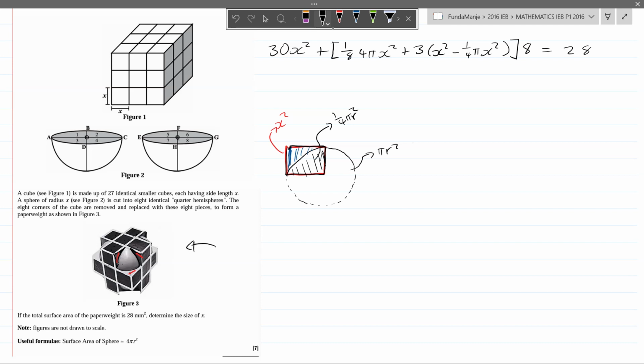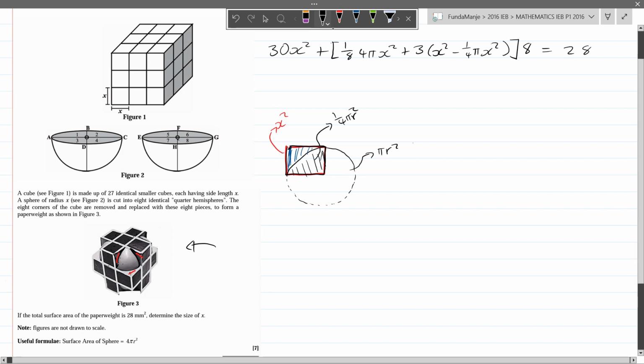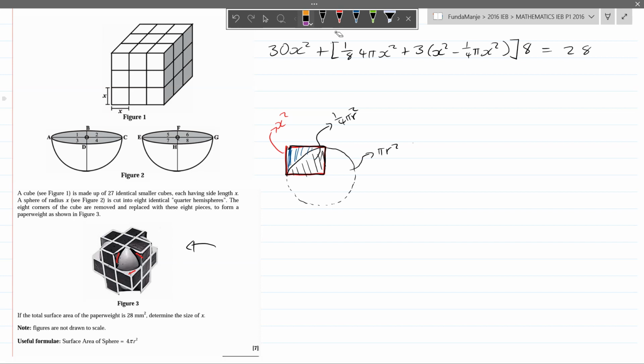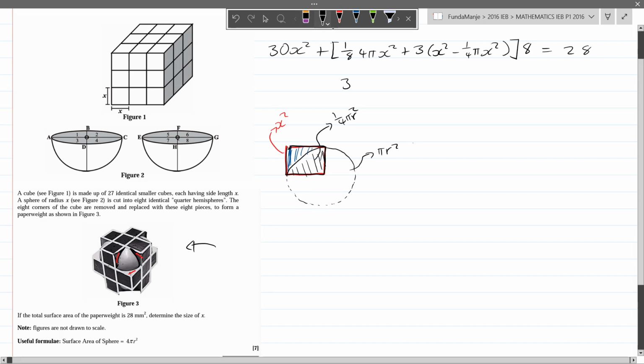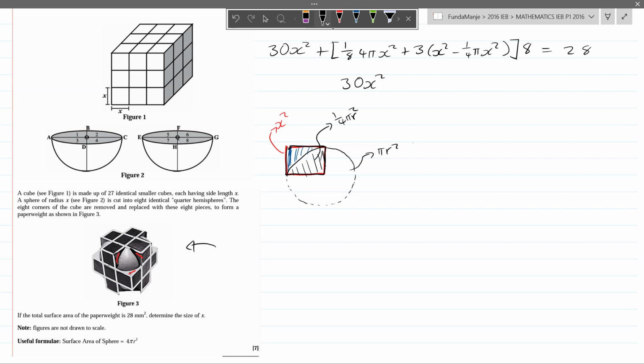Then comes the algebra. From here, we need to multiply certain things. We can start with this 30x squared, and then over here, that's just going to be a half pi x squared, plus 3x squared minus 3 over 4 pi x squared.